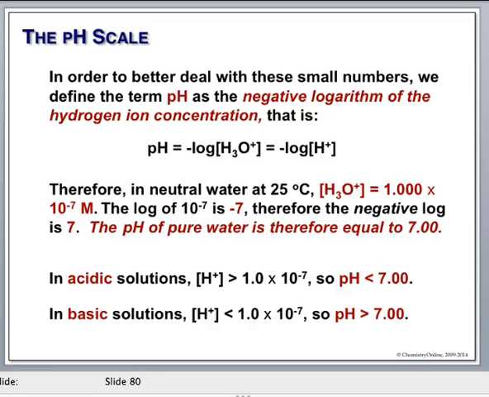We have more hydronium than we do at neutrality, therefore this is an acid solution. If the pH is less than 7, it's acidic. If the pH is greater than 7, means we have less hydronium, so it's basic. 7 is neutral, less than 7 is acid, above 7 is base.